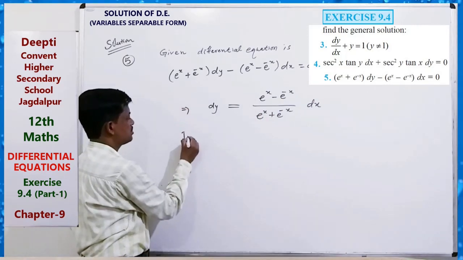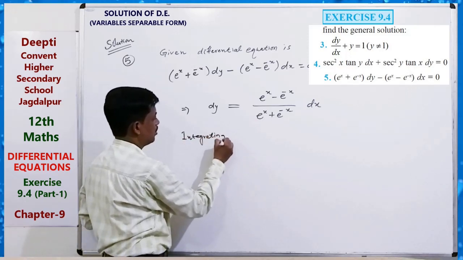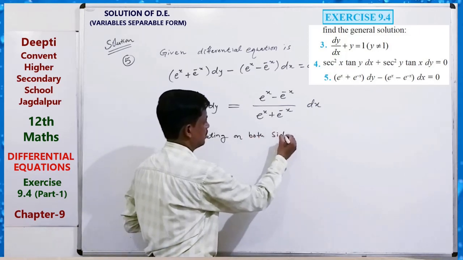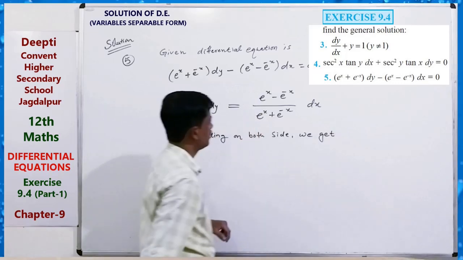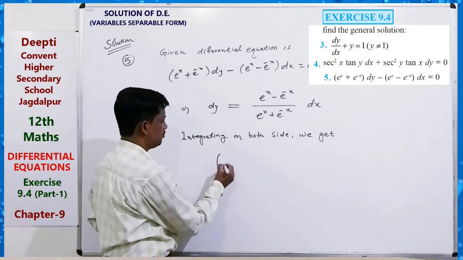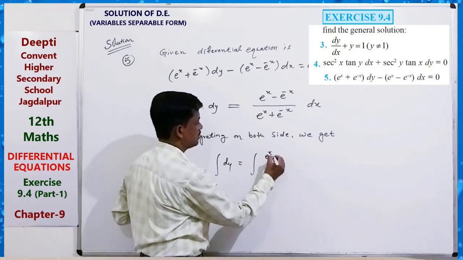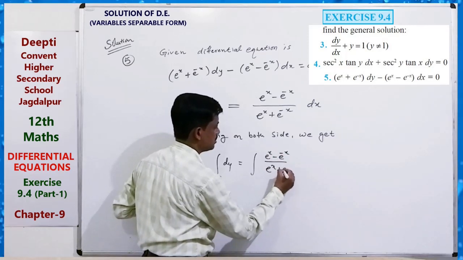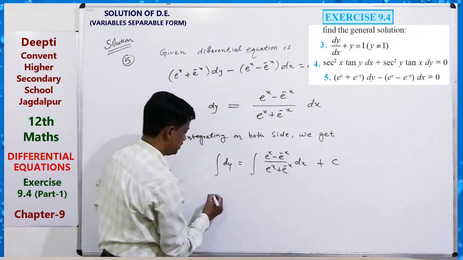So integrating on both sides, we get integration of dy equals to integration of e to the power x minus e to the power minus x upon e to the power x plus e to the power minus x dx plus constant.